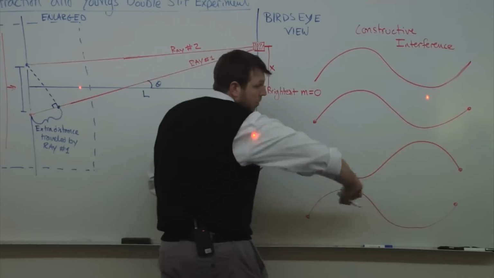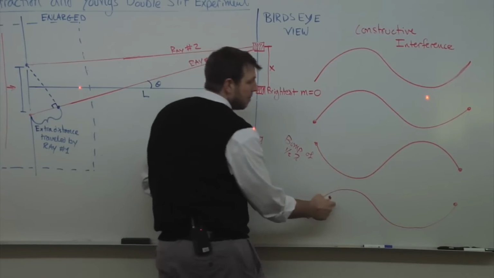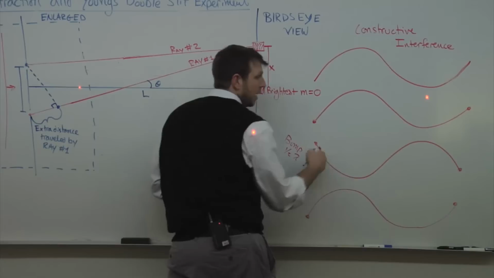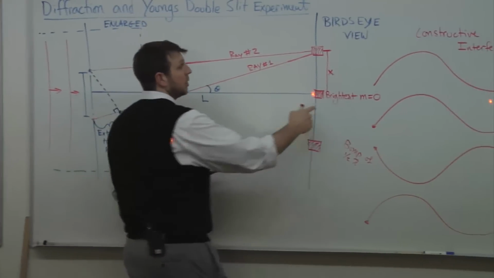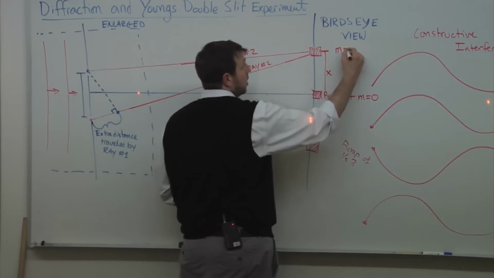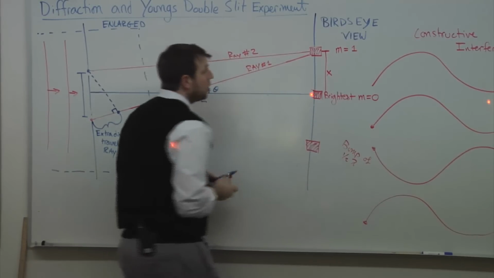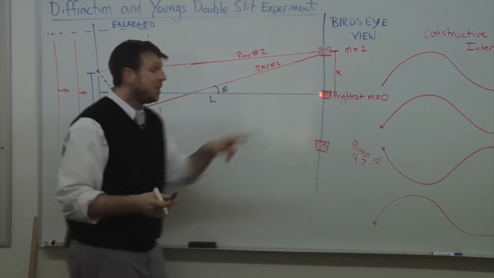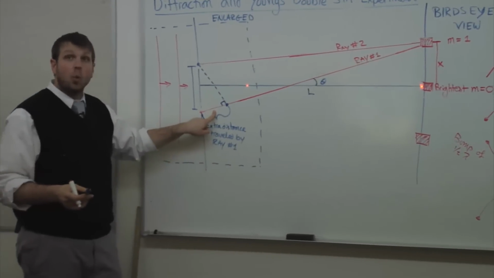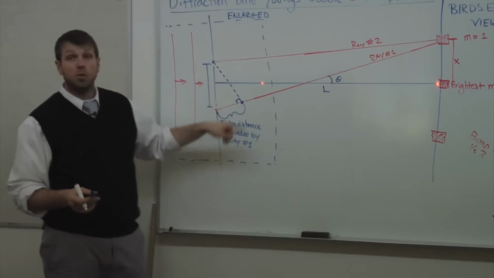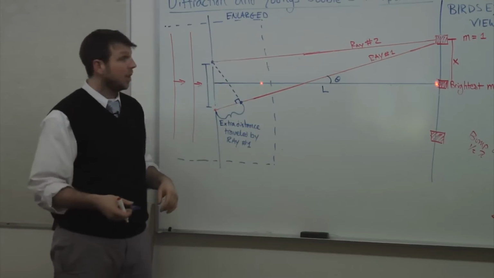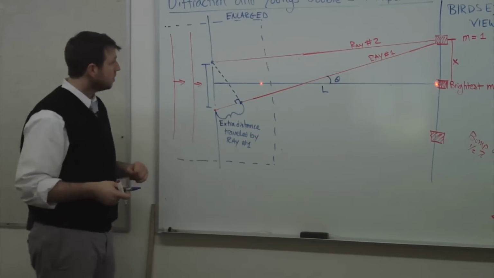So I moved this over. That means I'm back to constructive interference instead of destructive interference. So we know that if I were to call this m equals 1, at this point I would be getting 1 extra wavelength of distance moved by ray number 1. And that's why I get positive interference.